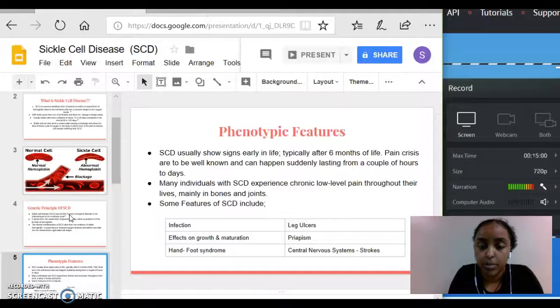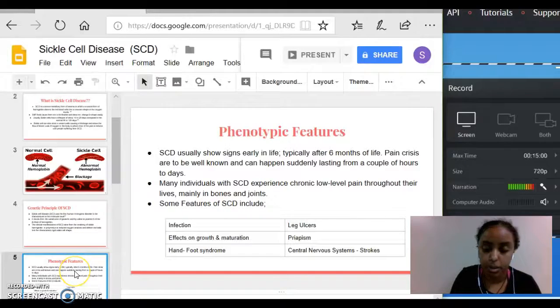You can have low chronic pain throughout your life, mainly in your joints and your bones, and you can also deal with infection, effects on growth and maturation, and hand-foot syndrome.